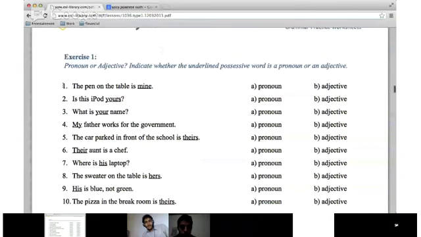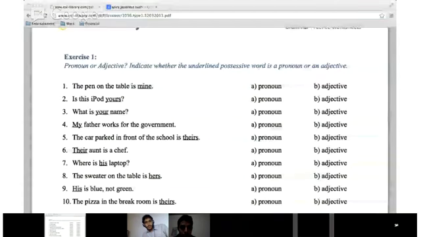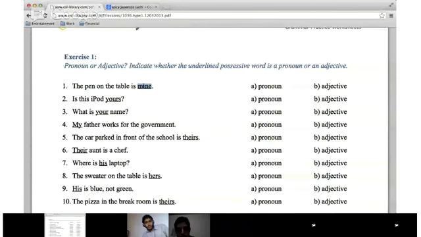We'll start off on number 1. What we're going to do is decide whether or not the underlined word is a pronoun or an adjective. Let's go to Lenda. Lenda, please read number 1 and tell me if this word is a pronoun or an adjective.